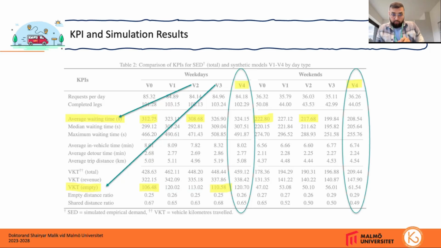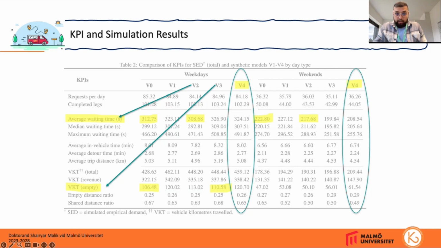Next, if we move toward the empty kilometers, this represents operational efficiency. So V3 performed best. You remember in V3 we discussed that we introduced weekly preferred hours of a specific user. We were following the signature of a user in V3. So simulating V3, the temporal regularity introduction, helped to move very close to the empirical data for empty vehicle kilometers.